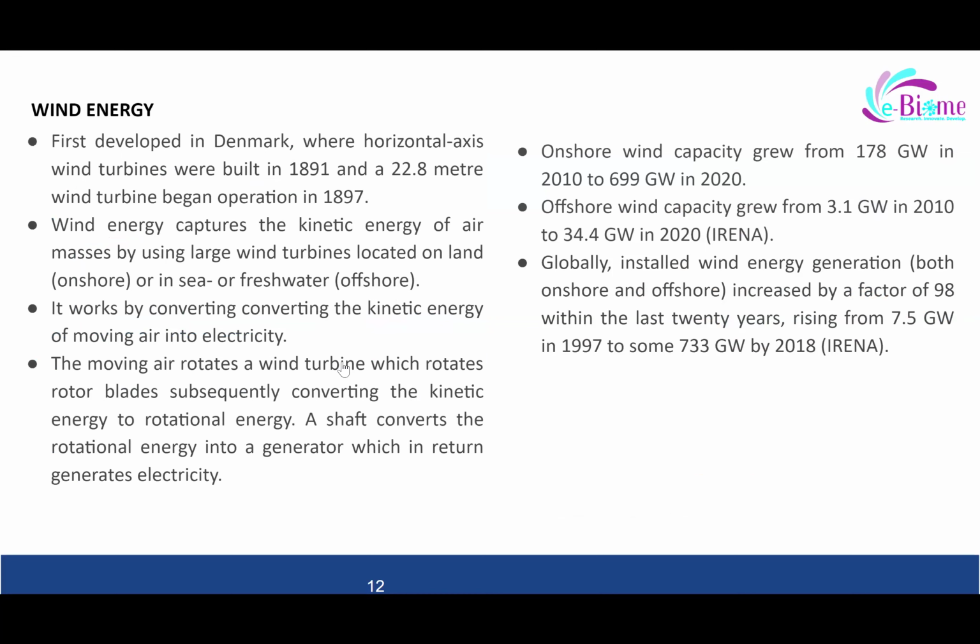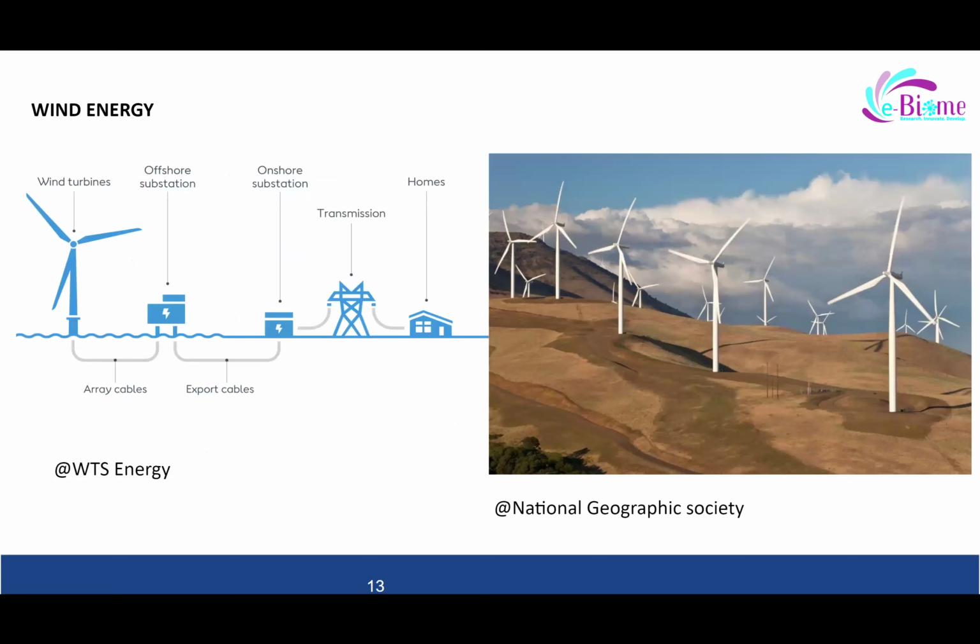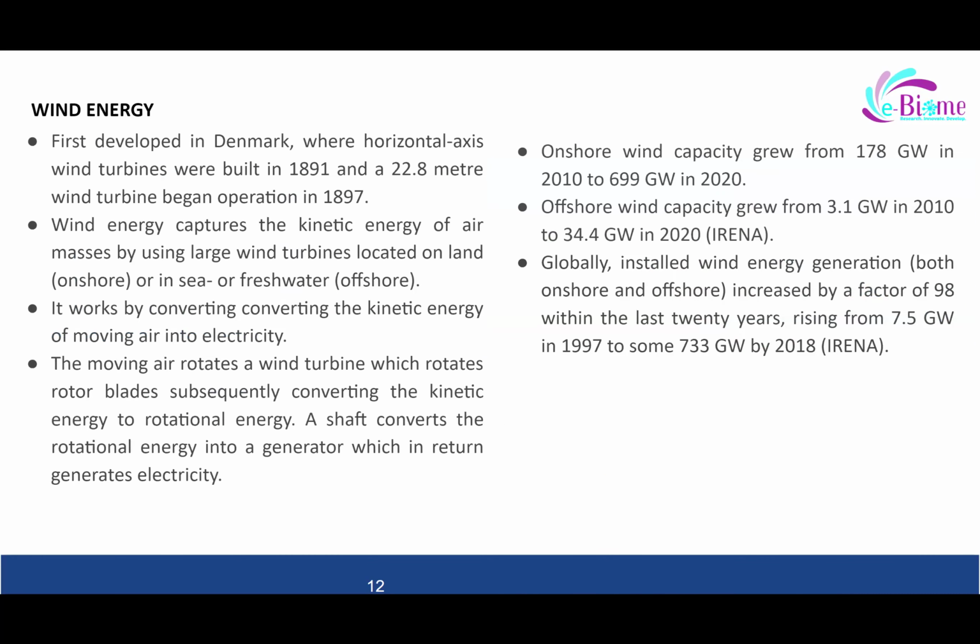So the moving air rotates a wind turbine which rotates rotor blades, subsequently converting the kinetic energy to rotational energy. A shaft converts the rotational energy into a generator, which in turn generates electricity. So this is the rationale behind the operation of the wind turbines.